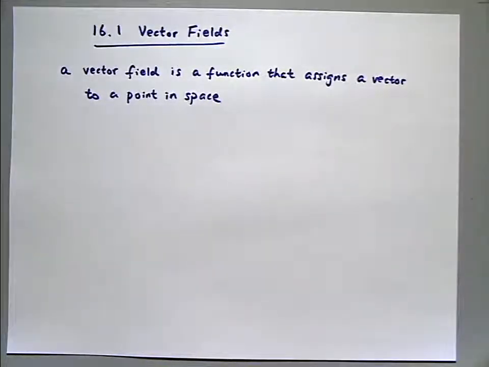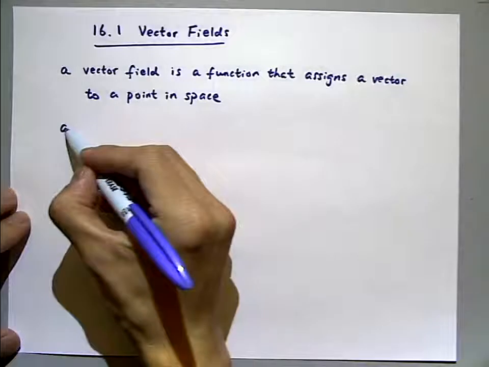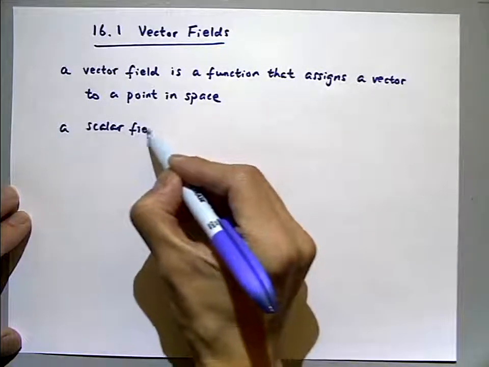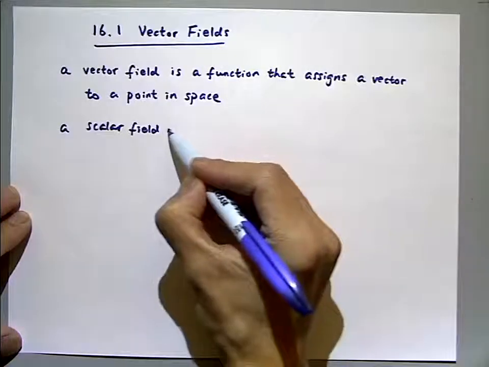A scalar field is a function that assigns a scalar to each point in space. And we've looked at scalar fields before, and we're familiar with that.